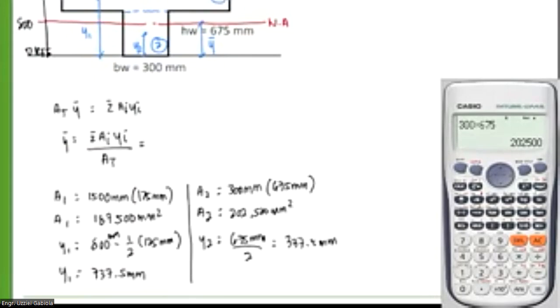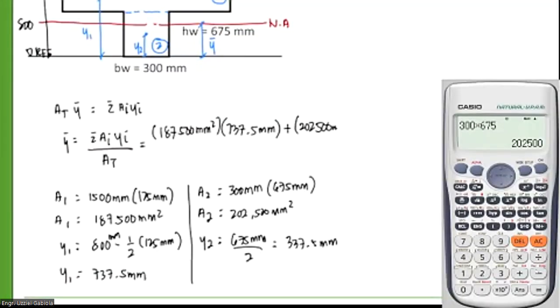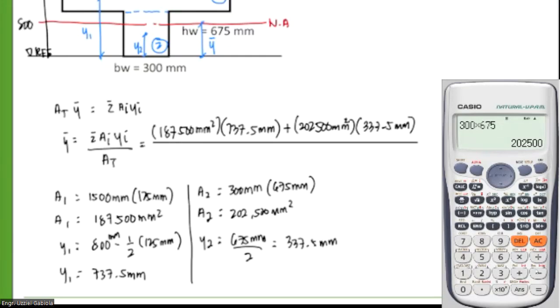Okay. So summation of the area times the centroid, we have 187,500 mm squared times the 737.5 mm, plus we have 202,500 mm squared times 337.5 mm, all over our total area, which is 187,500 mm squared plus 202,500 mm squared.